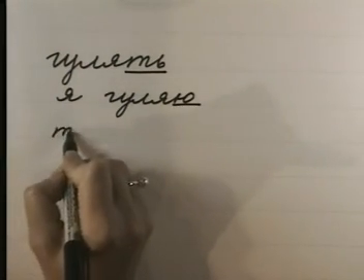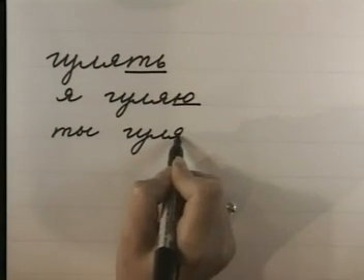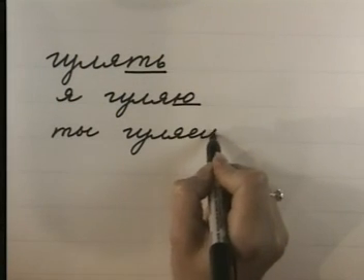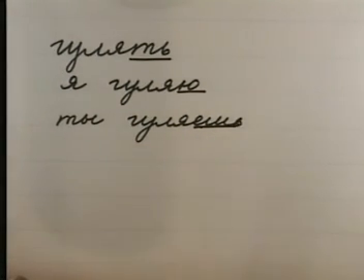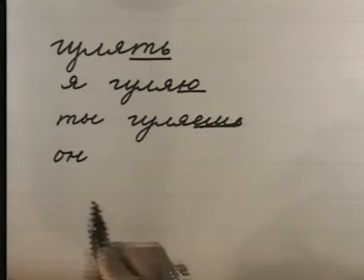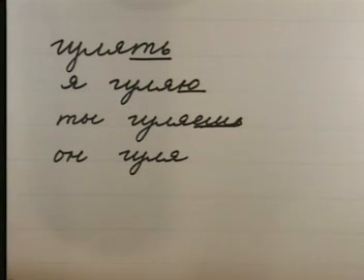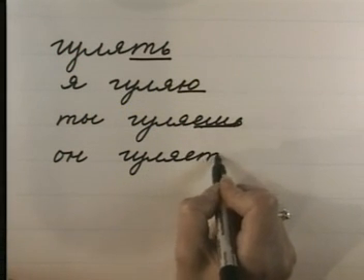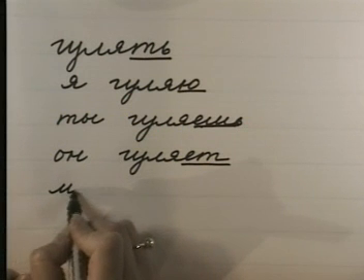Ты гуля, and again I need the verbal ending. Ешь. Ты гуляешь. Ends with a soft sign. Он, what's the ending? Гуляет. Он гуляет.